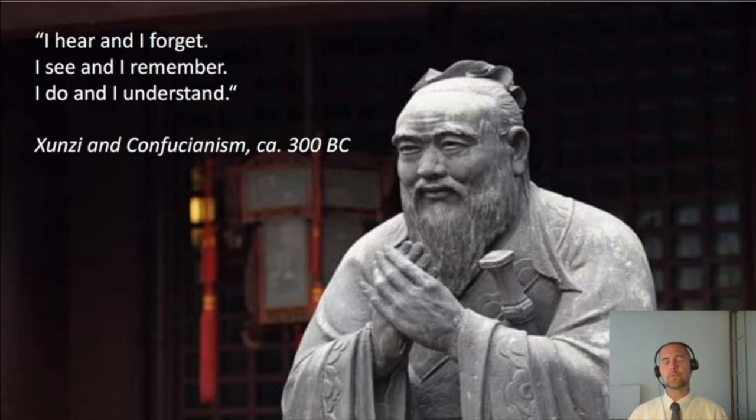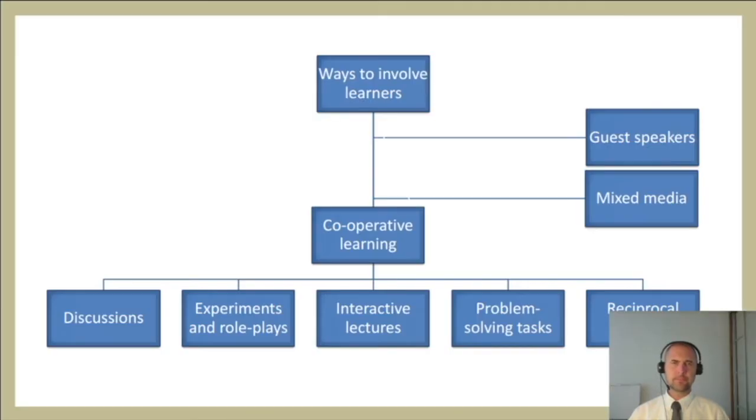So today's session will hopefully give you some tools to avoid a teacher-centered type learning situation and to make it more student-centered. So when we say active learning, we're also looking at ways to involve learners.